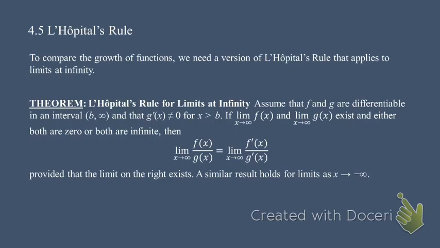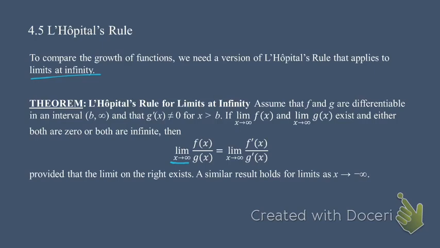So the first few problems we were looking at, we were taking the limit as we approach some a. But what happens if we want to know what's happening at the end of this function? What would we do if we want to take the limit as x approaches infinity? L'Hopital's rule for limits at infinity is going to be similar.